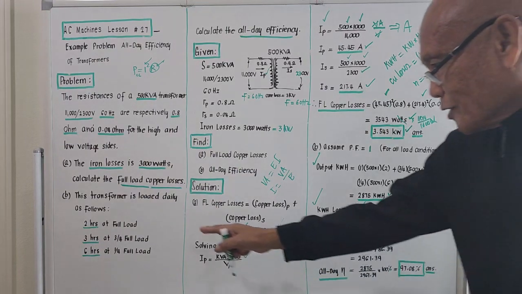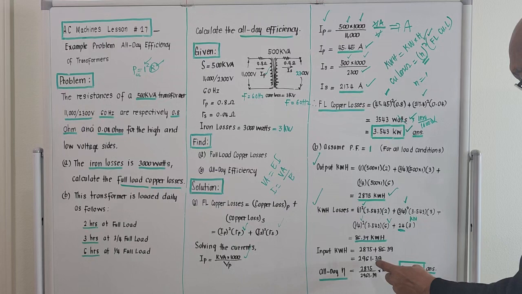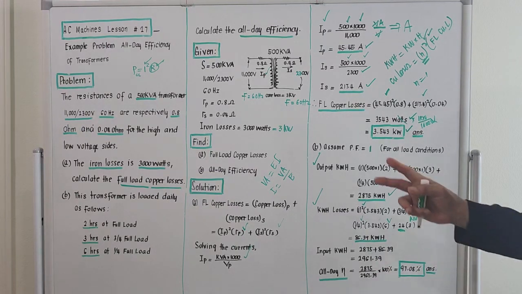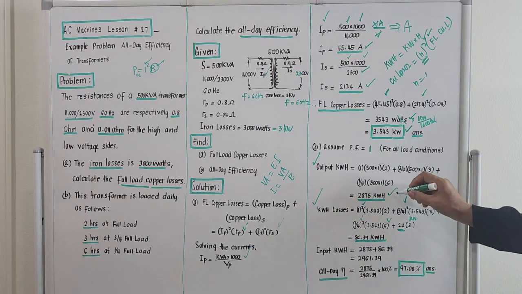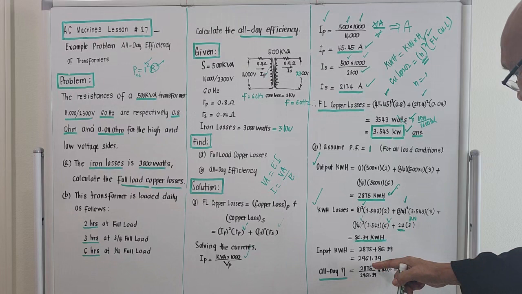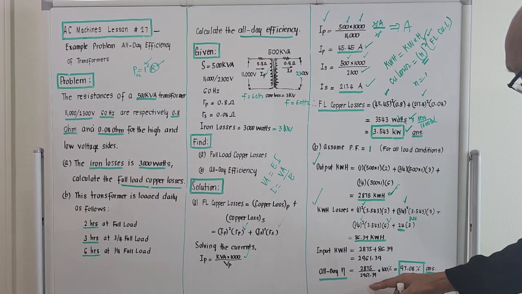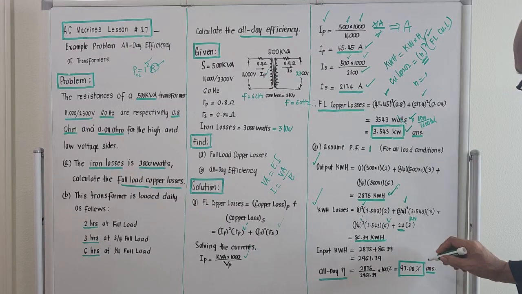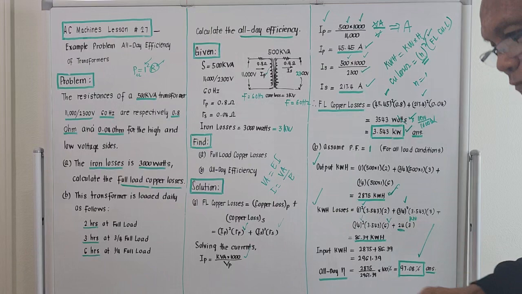It is only due to this loading here. And all-day efficiency is output over input energy. The output is 2875 and the input is 2961.39. 2875 divided by 2961.39 times 100%. The all-day efficiency is 97.08%.